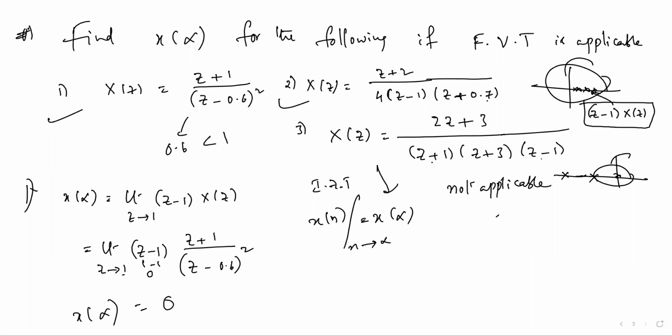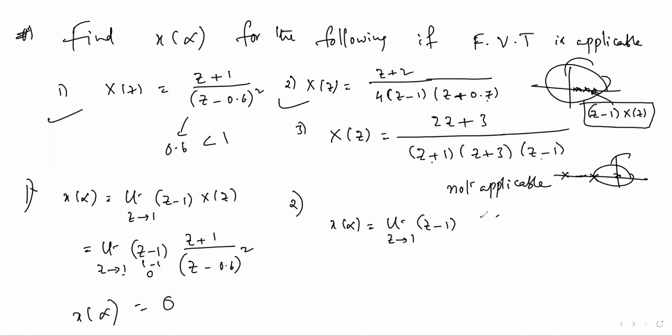Second function, the final value theorem is applicable. So x(infinity) is the limit as z tends to 1 of (z minus 1) X(z), which is (z plus 2) divided by 4 into (z minus 1)(z plus 0.7).